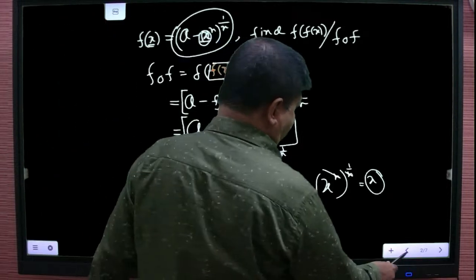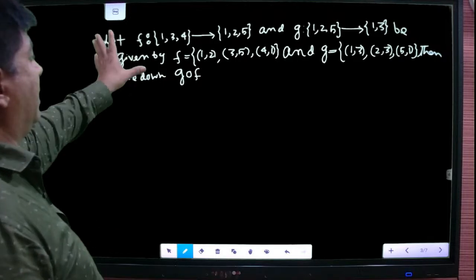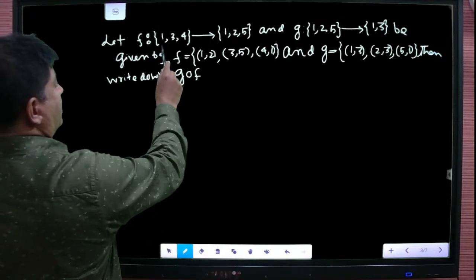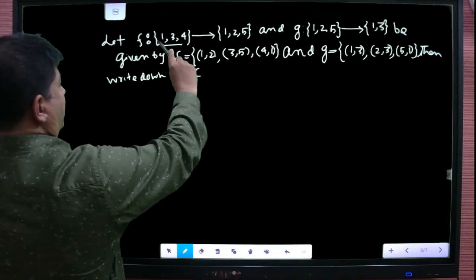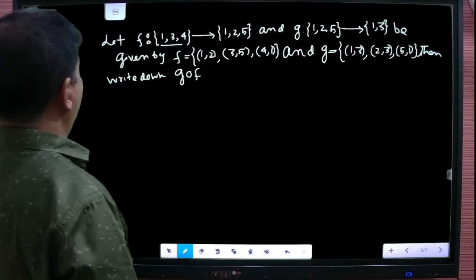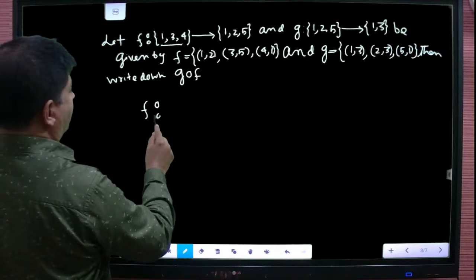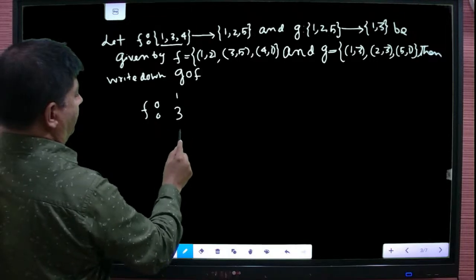Next one, see this sum. This f maps the elements of this set to this set. So what is the role of f? f क्या करता है? यहां पे डोमेन क्या है? 1, 3, 4.